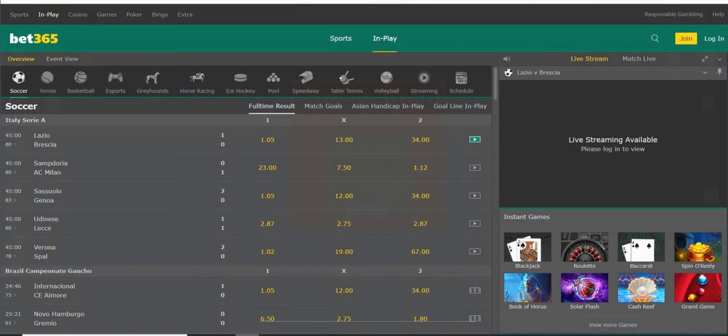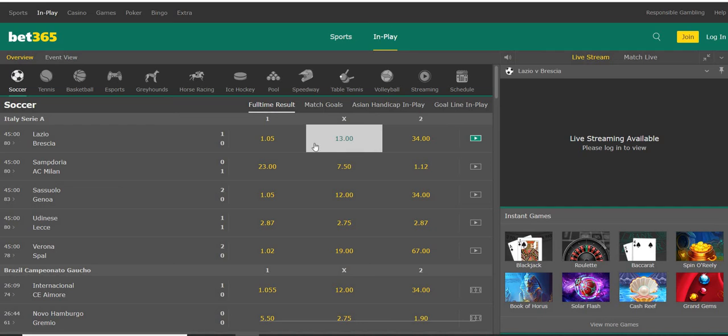Okay, this one, as you see here, has numbers with a point, like 13.00, 34.00, 7.5, 1.05.